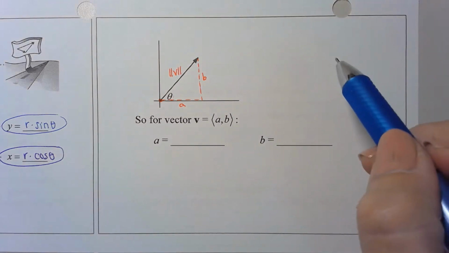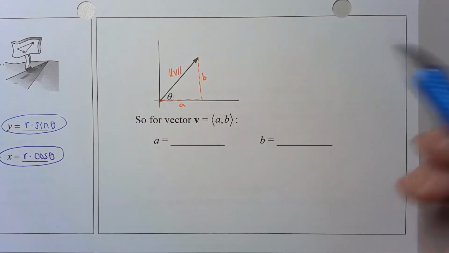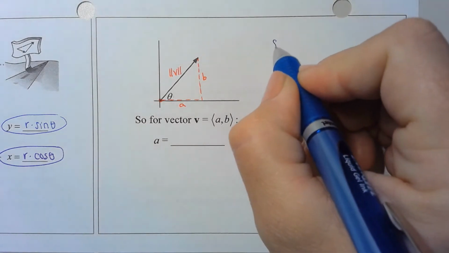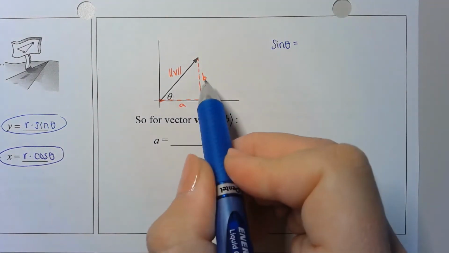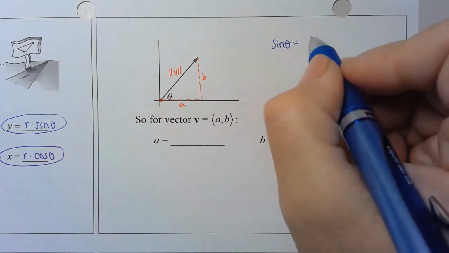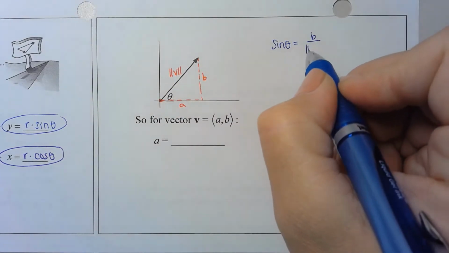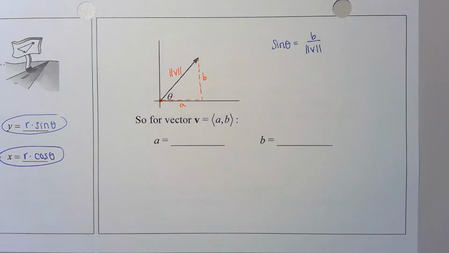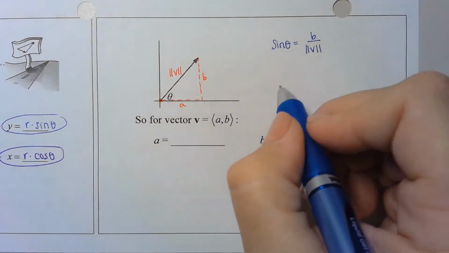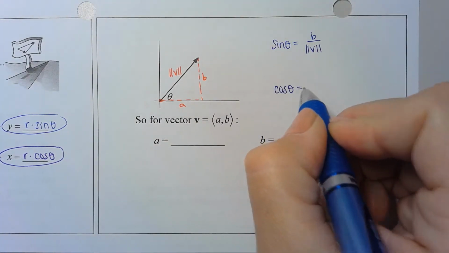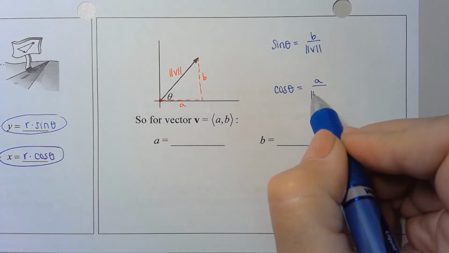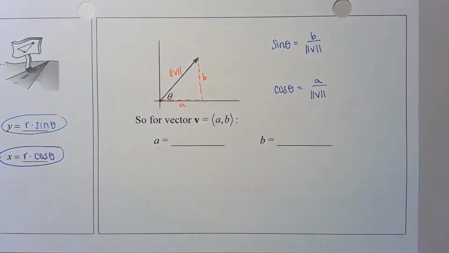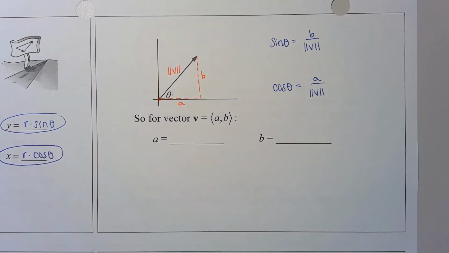I'm going to do something similar. I'm going to come up here to the top right corner and do the same thing we just did. What's the sine of theta? Sine of theta equals the opposite, b, over the hypotenuse, which is the magnitude. And I can do the same thing with the cosine of theta. I need the adjacent over the hypotenuse.